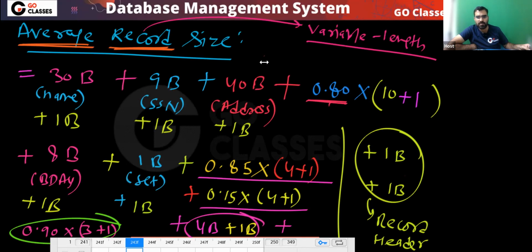And of course, this is the record header, so this will come in the size of the record. That is the reason for plus 1 byte plus 1 byte. Okay, so Priya is saying 114 plus 0.4. You can check it out. But whatever you have on your screen, this is your answer.